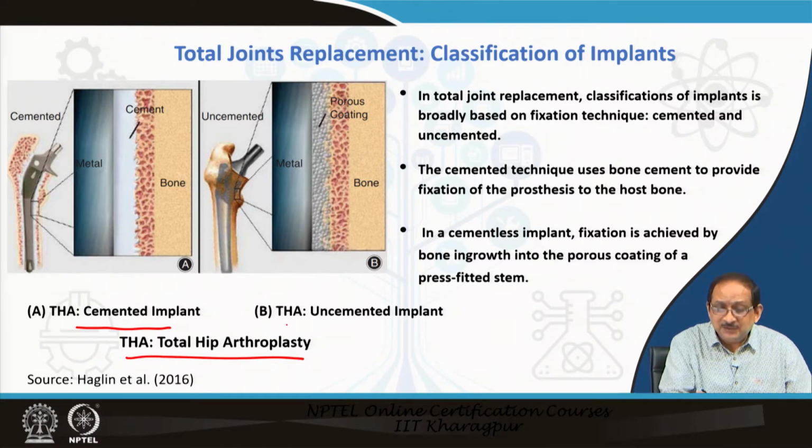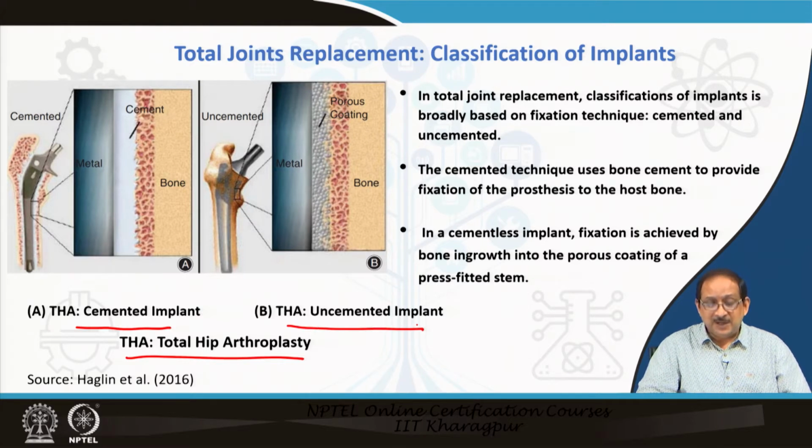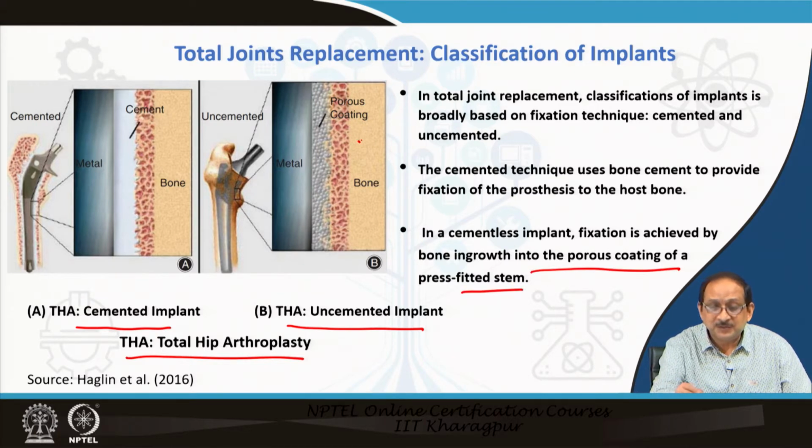Whereas, in the case of uncemented type, the biological fixation is achieved between the porous coating of the implant surface and the host bone through bone ingrowth. So, in a cementless implant, fixation is achieved by bone ingrowth into the porous coating of the press fitted stem, as indicated in the figure.